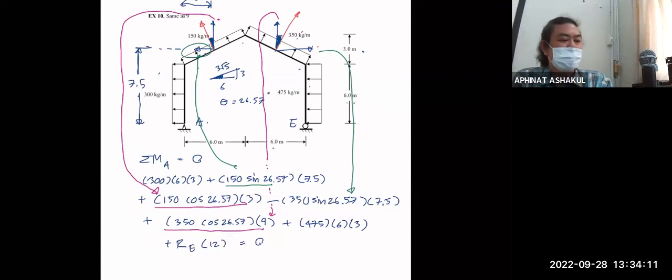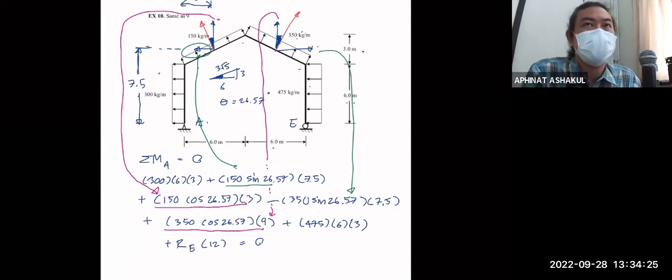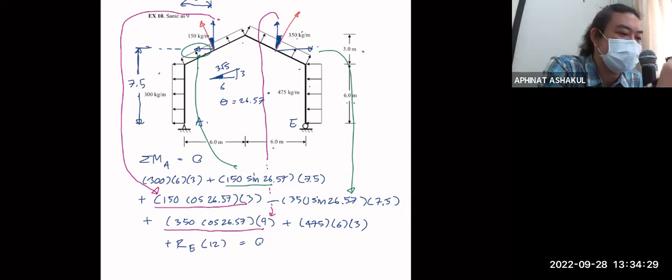So yeah, once you solve the reaction, the rest should be okay. And you do the same to get RA. Okay. And one more thing. The challenge is that you look at the point C here. Wow.